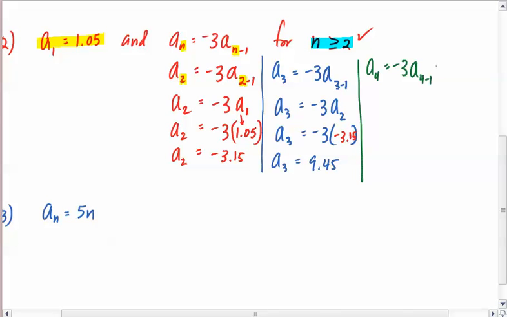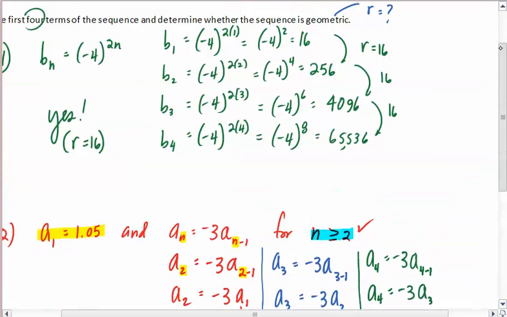A sub 4 is equal to negative 3 times a sub 3. A sub 4 is negative 3 times the previous one, which was 9.45, and that's going to give me negative 28.35.